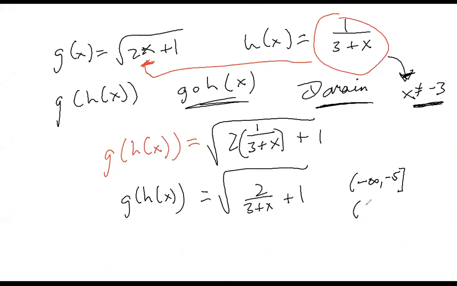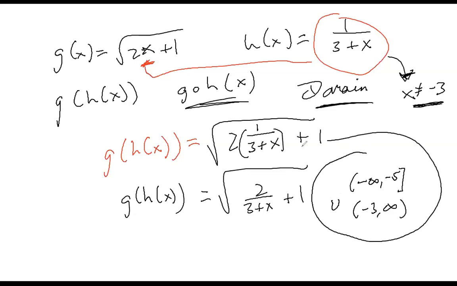And then from -3 to infinity is another interval. So now I want the union of those two things. So that's the domain of that crazy example.